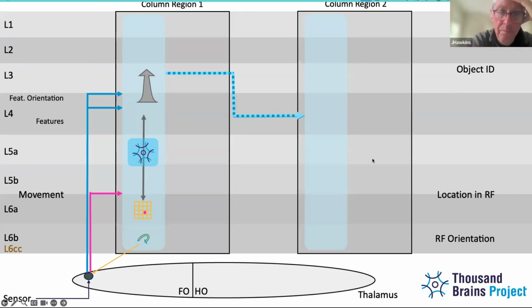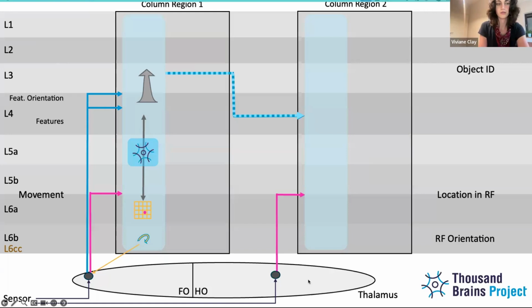And this region will get the object ID that was recognized in the lower column as a feature input into layer 4. It can also get direct sensory input through thalamus, which gives it information about sensor movement, and it could receive direct sensory input from a larger receptive field than the lower column.